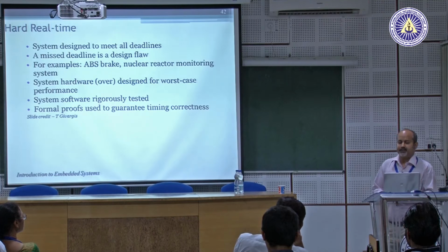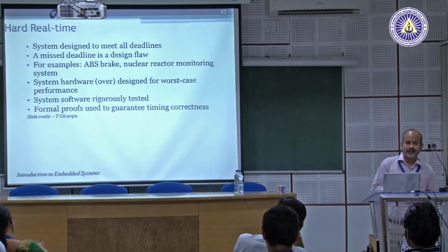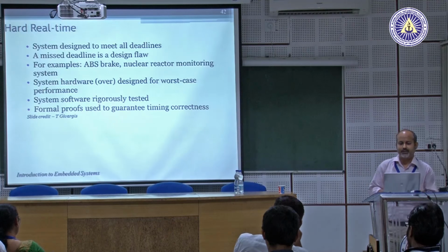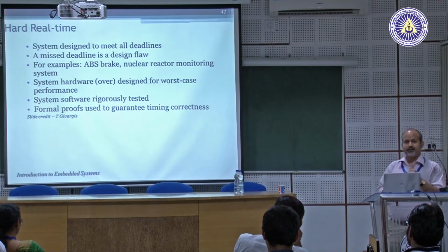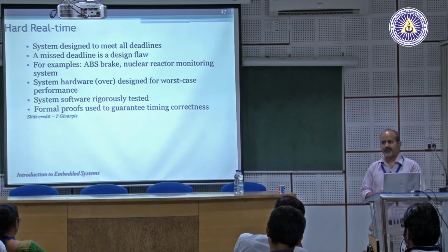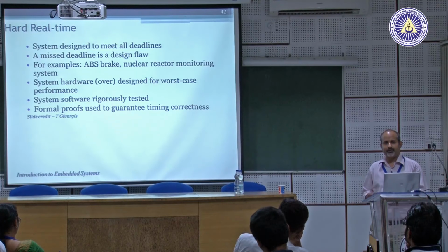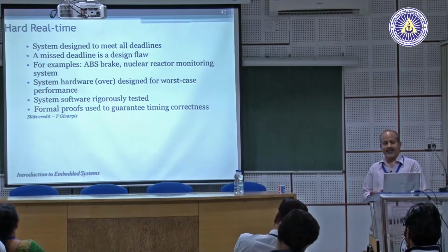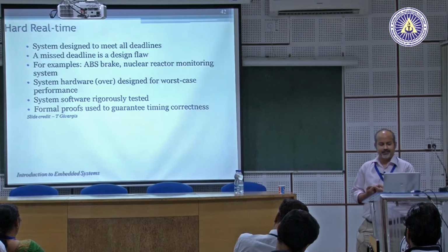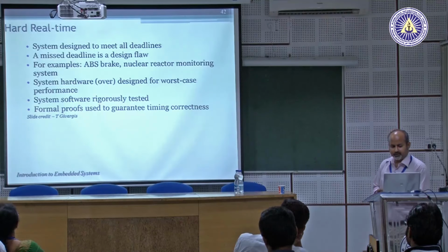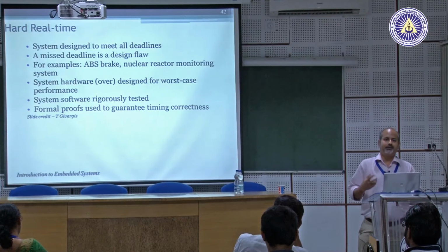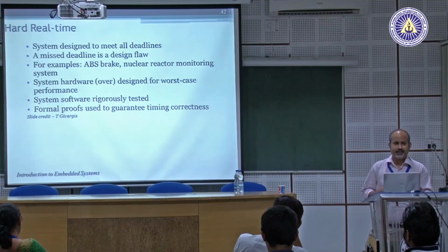Hard real time means that if you miss the deadline, it's not acceptable. For example, if you are pressing a brake and the system doesn't respond within so many milliseconds, it is not acceptable, because any later you will create a disaster, right? So in safety critical systems you usually see hard deadlines.